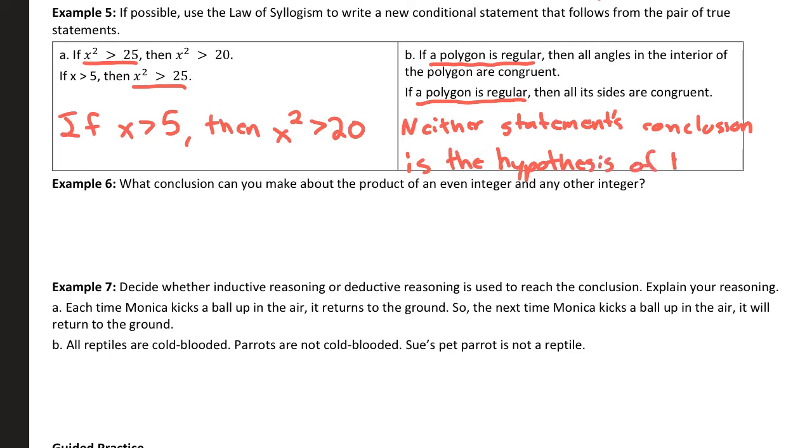So we can't make any sort of statement from this using the law of syllogism. Okay, so when we look at that, we just say, if the conclusion of one is not the hypothesis of the other, we cannot use the law of syllogism to write a new statement. Okay?